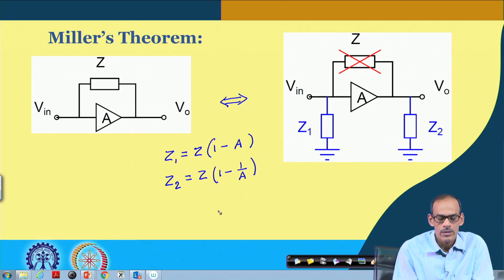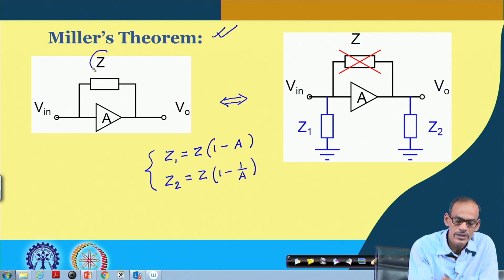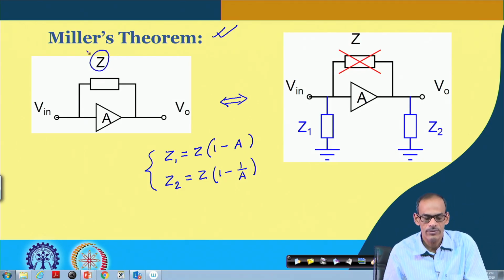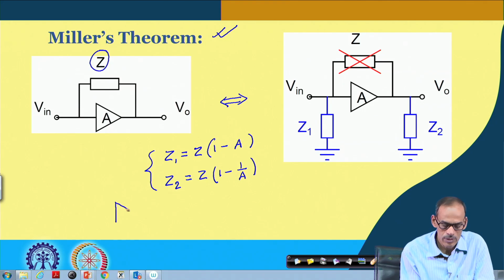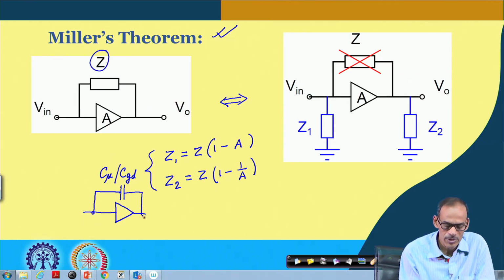So, this is what is called Miller's theorem, and as I said, this Z may be a capacitive, inductive, or resistive element, or a combination. Now, in our application, in today's discussion, we have one amplifier and an input to output bridging capacitance, either C mu or CGD depending on CE or CS amplifier.